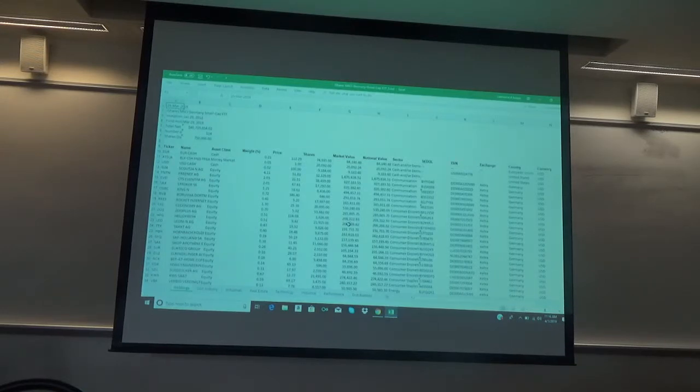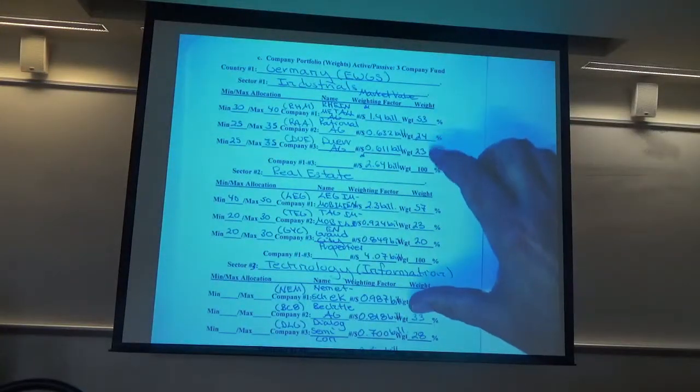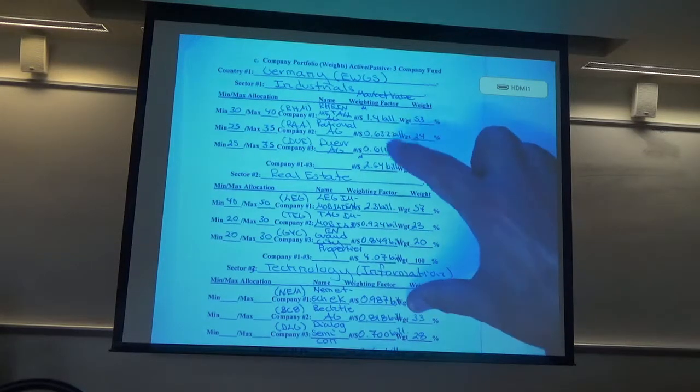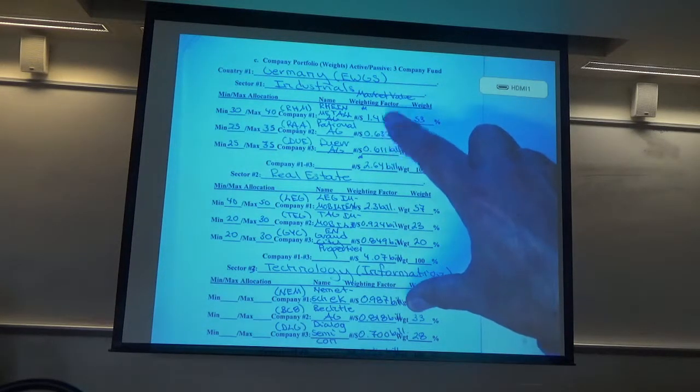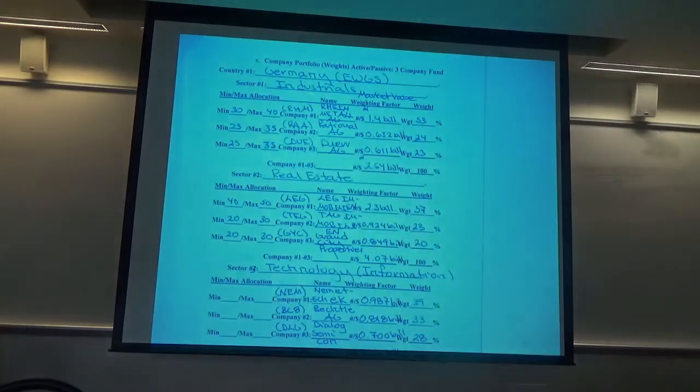Market value here I need, and then the sector. So to be able to calculate these company weights within the sector, it's going to give you the market value. It'll give you the name, it'll give you the ticker.